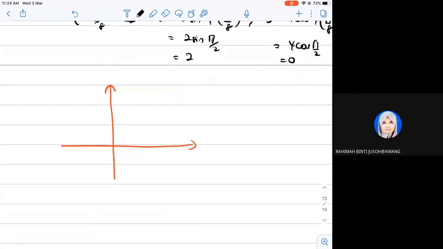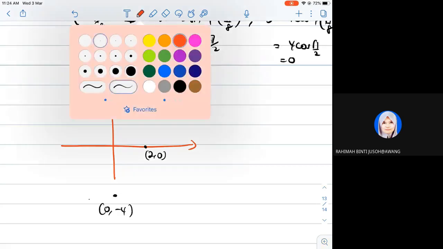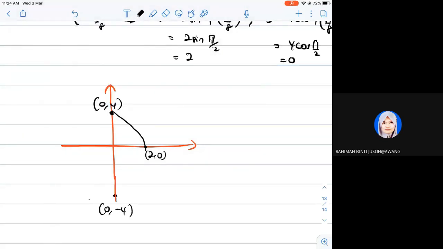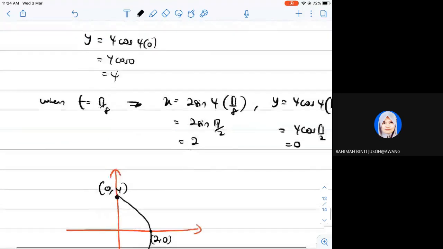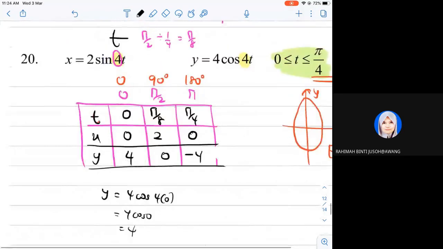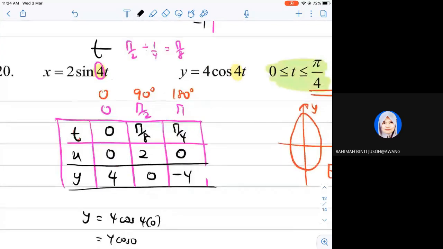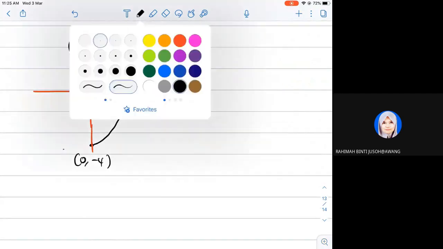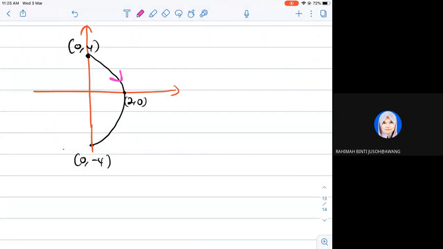So daripada atas lah. 0,4. 2, 0, 0, -4. Macam ni. So dia akan jadi separuh ellipse. Okay, half ellipse. And of course the orientation like you just mentioned earlier, it should be a clockwise orientation sebab X dia sin. So clockwise orientation. Macam ni dah siap format.